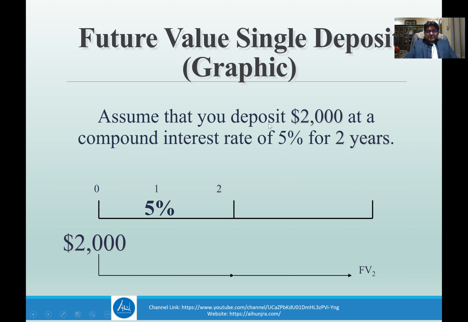Look at this question: assume you deposit today 2000 at interest rate 5%. That is the present value, that is the interest rate, and the number of time periods is 2 years. Then how much amount will we earn after 2 years?